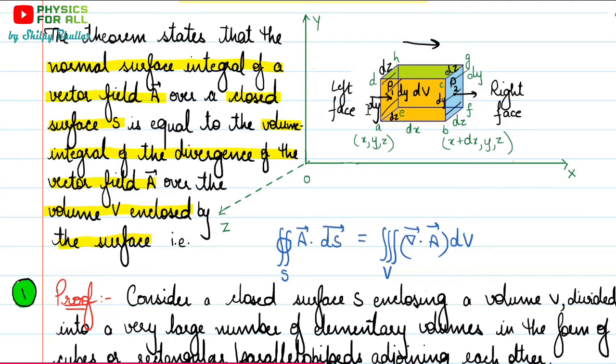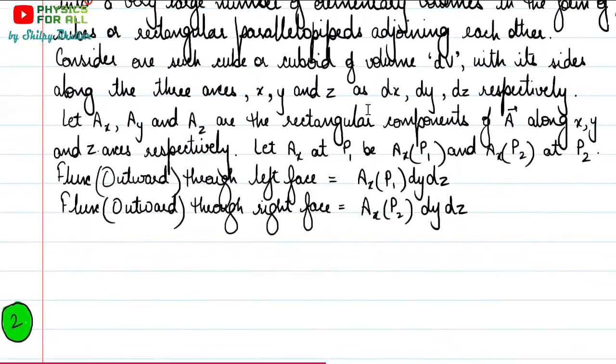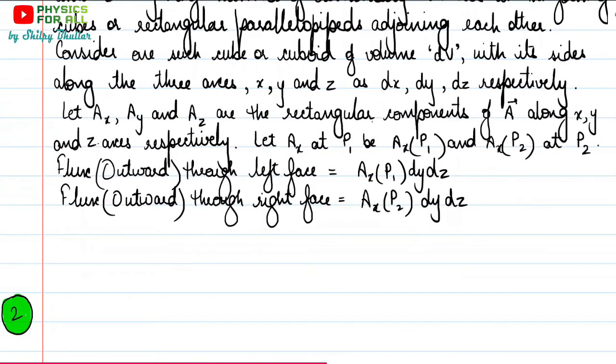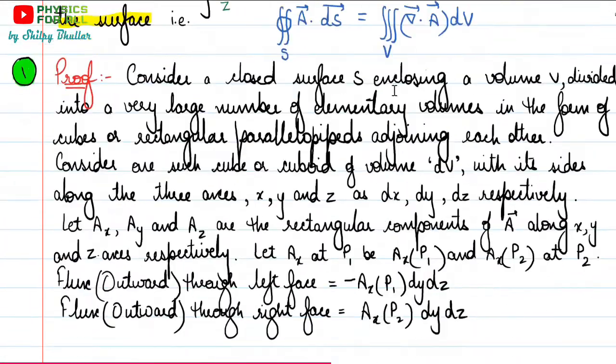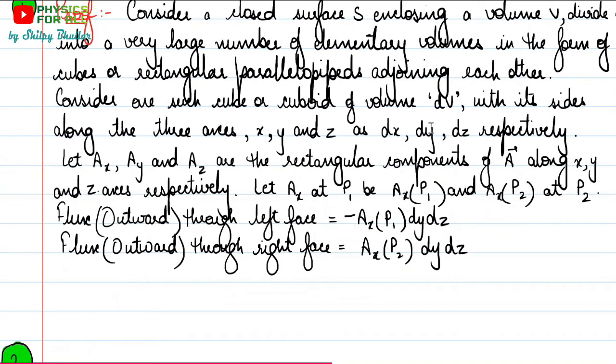We have to write the outward flux, so we put a negative sign here to show the opposite direction. The magnitude is the same, only the direction is changing. So for the change in direction, we just change the sign.